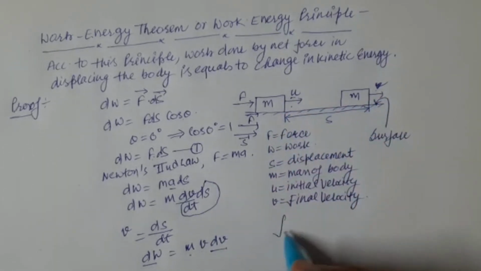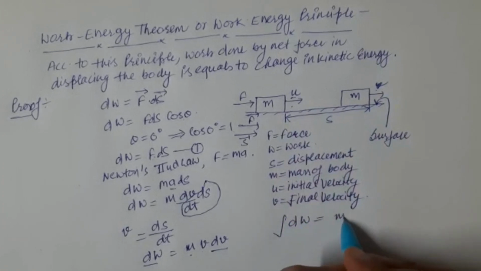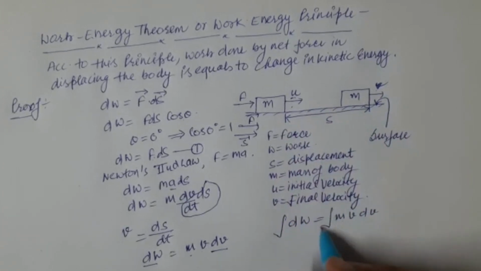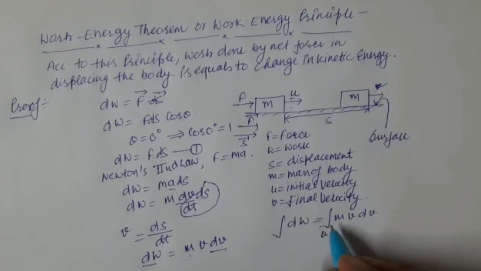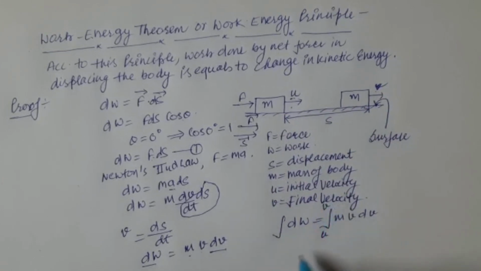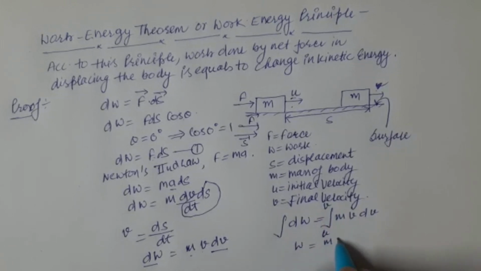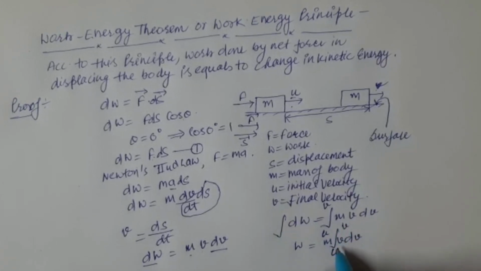So the integral of dW is equal to the integral of m v dv from u to v. Since m is a constant, we take it outside.